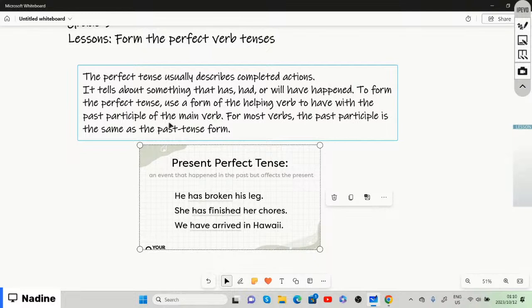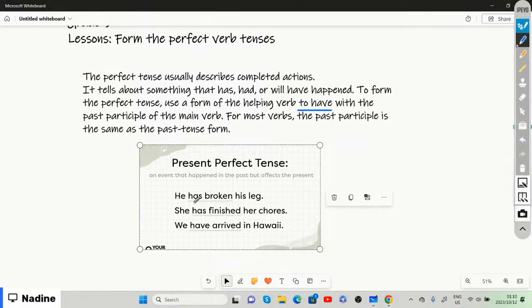As you can see, the helping verb is has. She has finished her chores. And we have arrived in Hawaii.